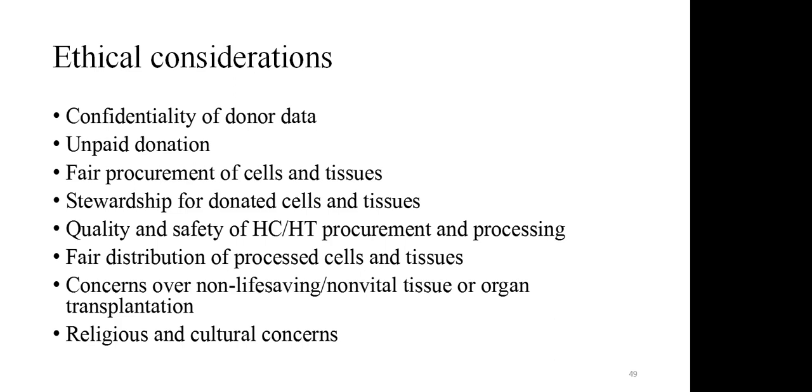There shouldn't be discrimination, whether ethnic, race, regional, or whatsoever kind of discrimination. Once a donor is eligible, the person can go ahead with donation. Then stewardship of donated cells and tissues. In well-developed countries, there are organizations that handle these donated organs.